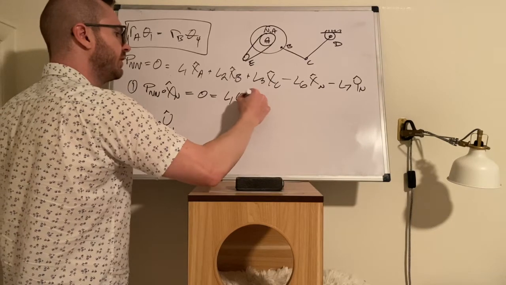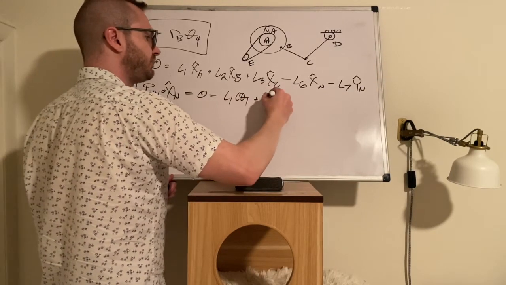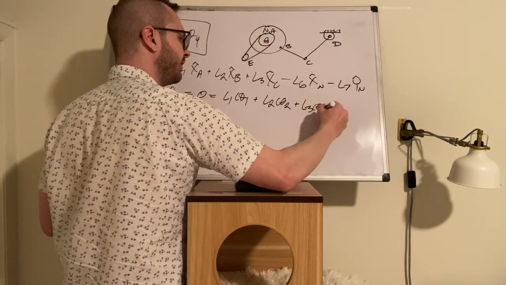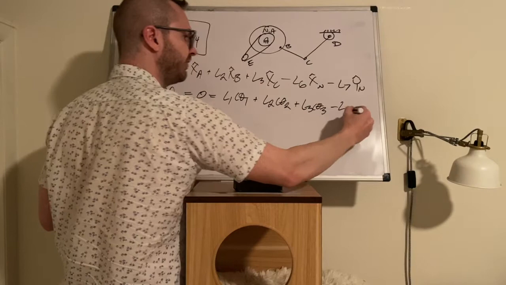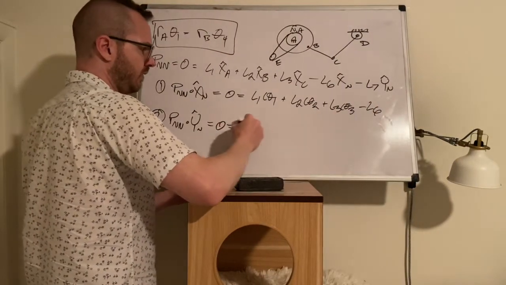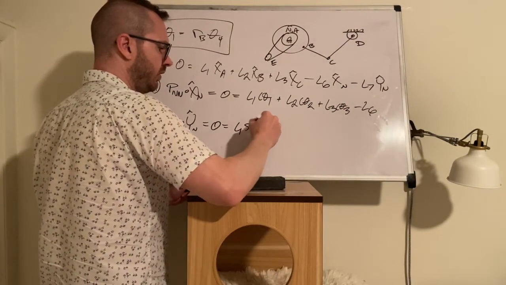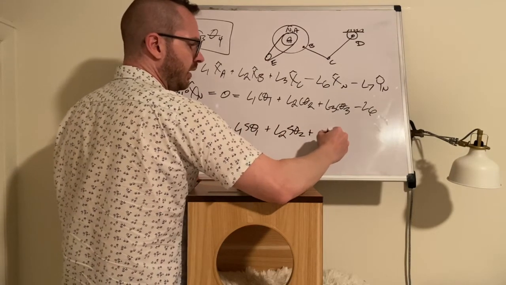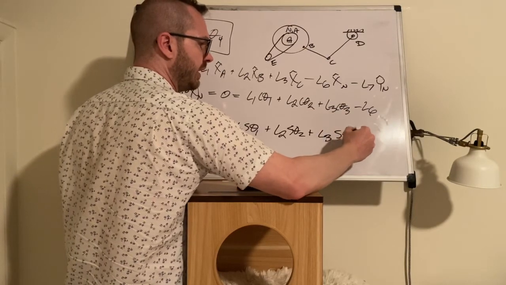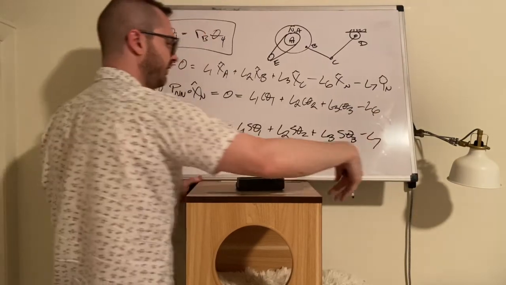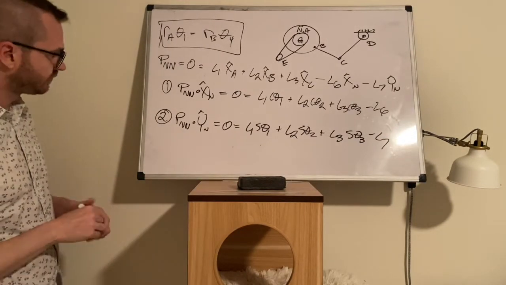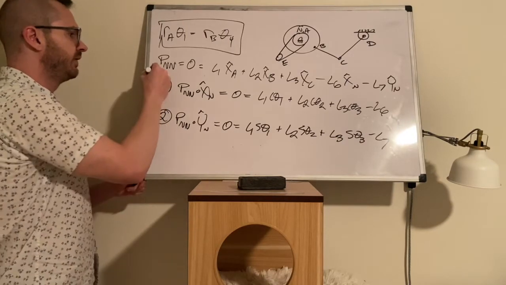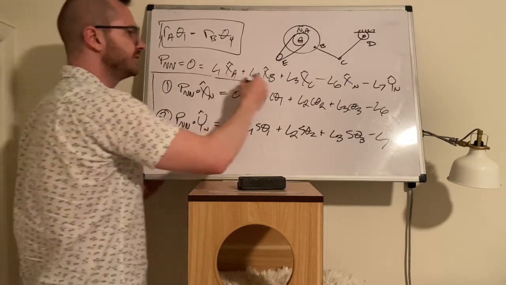This is L1 cosine theta 1, L2 cosine theta 2, L3 cosine theta 3, and then minus L6. L1 sine theta 1, L2 sine theta 2, L3 sine theta 3, and L7. Okay, draw a box around these. These are your constraint equations.